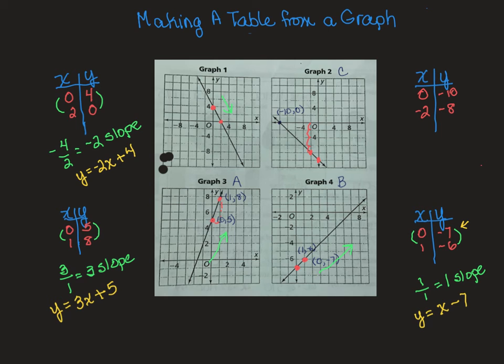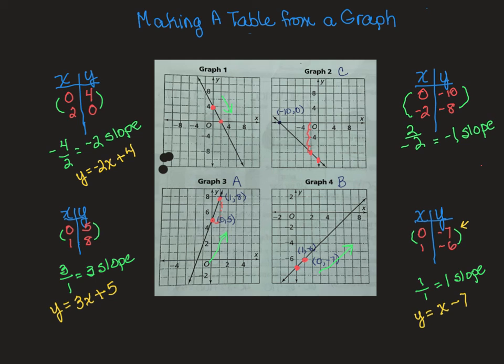I'm going to look for my slope. This is going down by 2, and this is going up by 2, which means my slope is going to be negative 1. Notice I have the y, which is positive 2, over the x, which is negative 2.